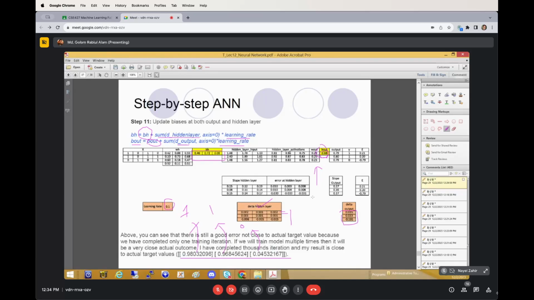The actual output is 1, 1 and 0, and the predicted output is also 1, 1 and 0. This is how we follow these steps in batch processing, considering batch size equal to 3, that is, 3 inputs together.